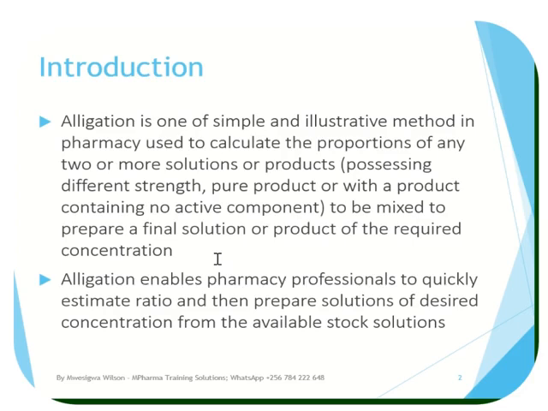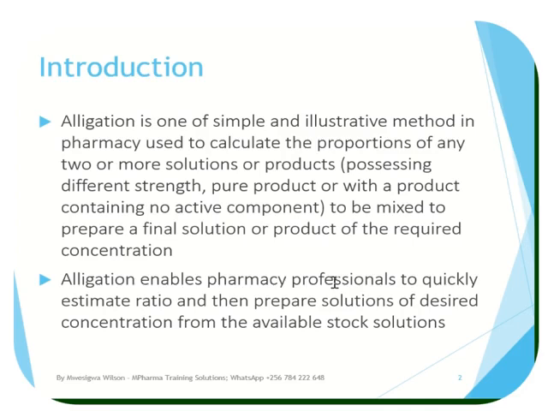Most of these could have a concentration, or sometimes you could have an excipient having no concentration, and that becomes a dilution in alligation. So alligation enables pharmacy professionals, even other professionals, to quickly estimate the ratio and then prepare solutions of the desired concentrations from the available stock solution.